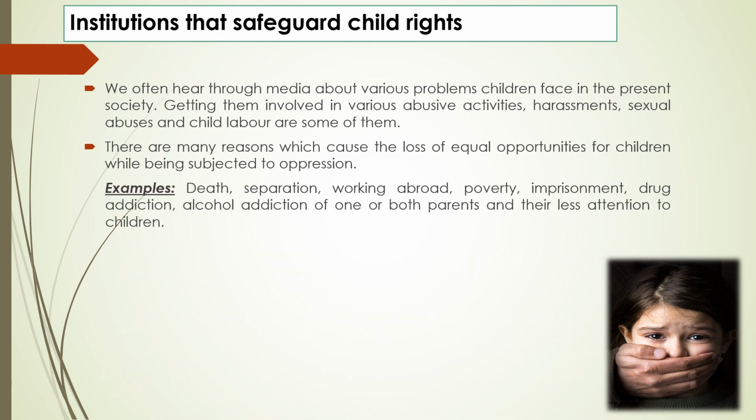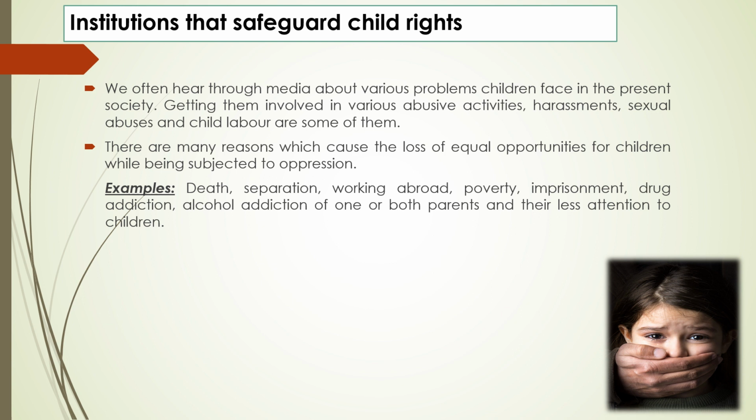For example, death, separation, working abroad. Maybe the death of parents or guardians, parents' separation, and some parents working abroad, and the situation of poverty. Poverty means the poor status of the family. And imprisonment.